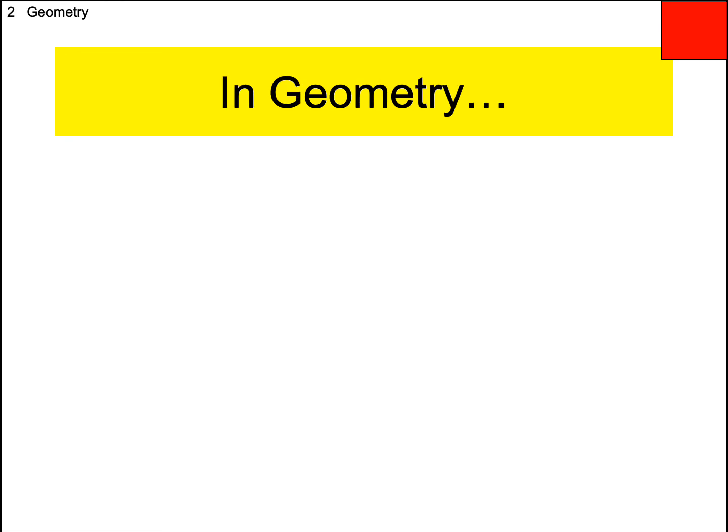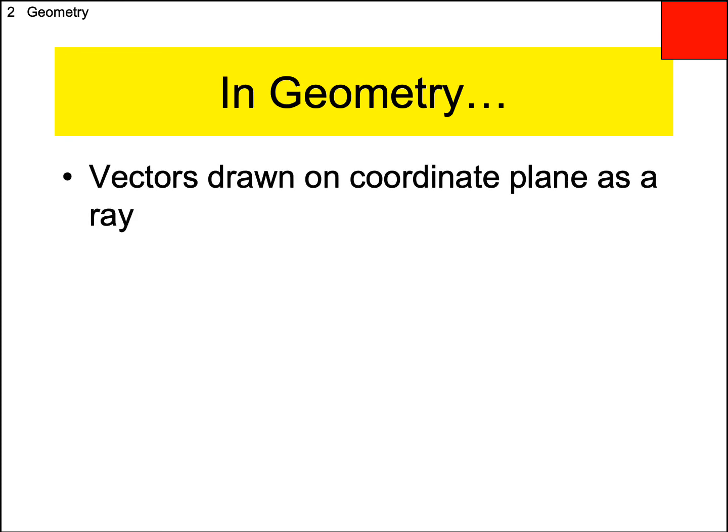Specifically in geometry, we are going to draw vectors on a coordinate plane. It's going to look like a ray. So on the coordinate plane, when we draw these things, it's going to look like a ray. However, its symbology, I mean, how we name it on a piece of paper, will kind of look like a ray, but it actually is the vector symbol.